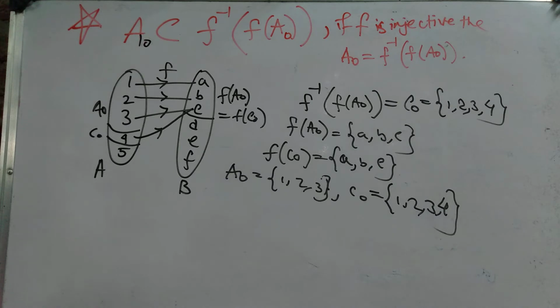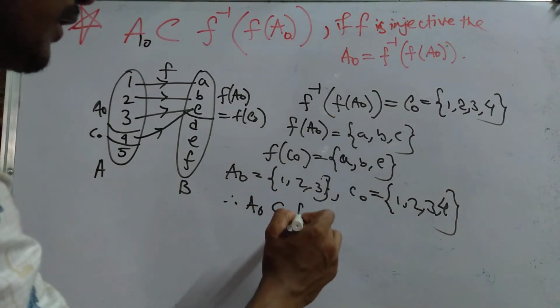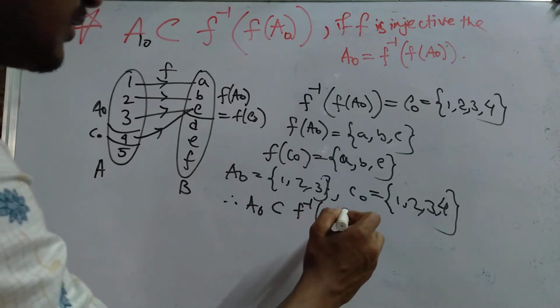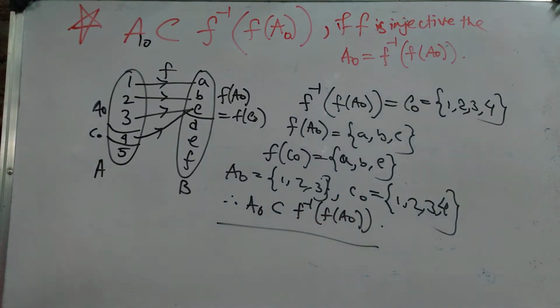Okay, then we see that A0 is a subset of f inverse of f of A0, and if f is injective, then this equality holds. Now we proved this portion.